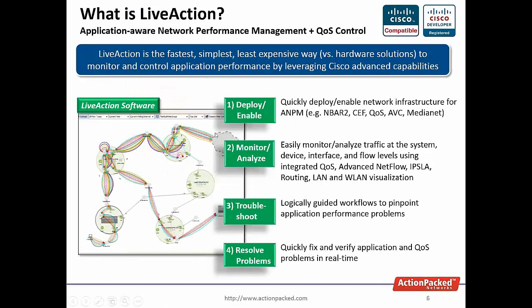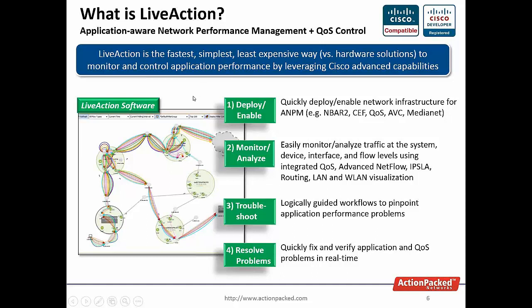So what is LiveAction? LiveAction, once again, is an application-aware network performance management and QoS control tool. We are still the fastest, simplest, easiest way to monitor and control application performance by leveraging the Cisco advanced capabilities.